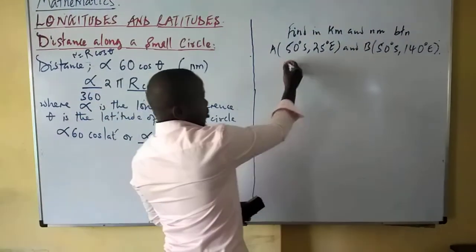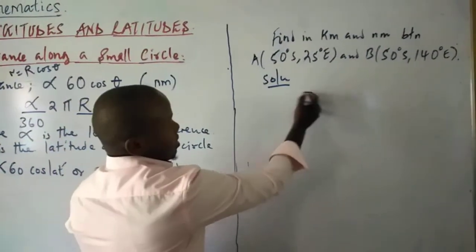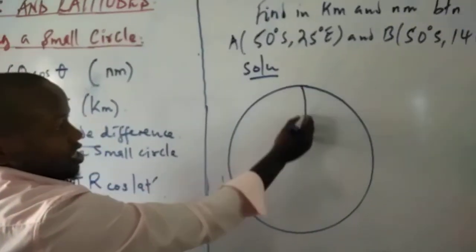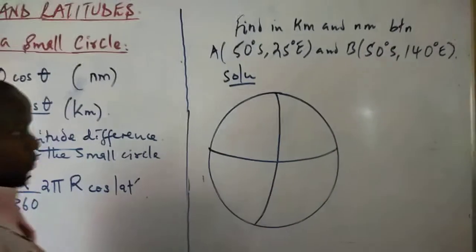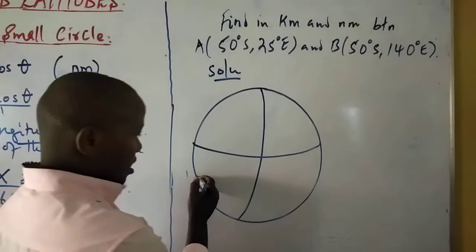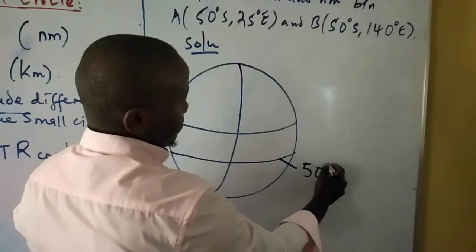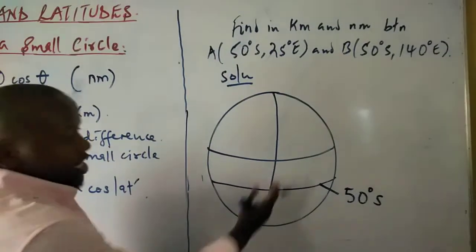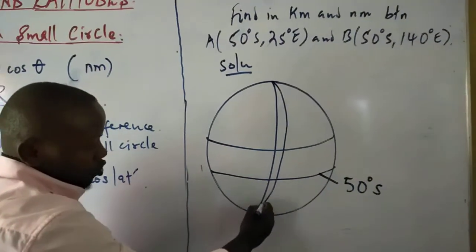Let me sketch the two places, locating them. This is 0 degrees prime meridian, 0 degrees equator. Then we are told 50 degrees south. South is the lower side, 50 degrees in the south, and 25 east. East is the right hand side.